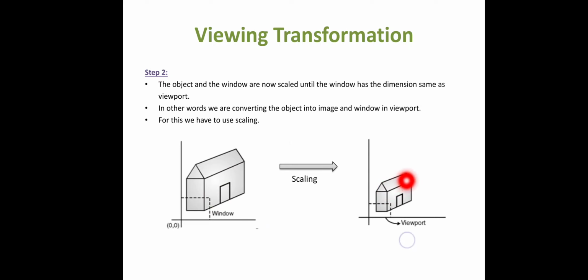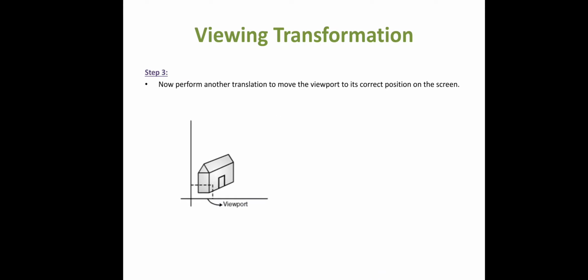Now it is in the form of an image, and this window is converted into the viewport, meaning the window coordinates are converted into screen coordinates, because the viewport is nothing but a part of the screen. So this is the second step, called scaling. Scaling means we change the scale of that object. The scales are changed here, so that's why we call it scaling.